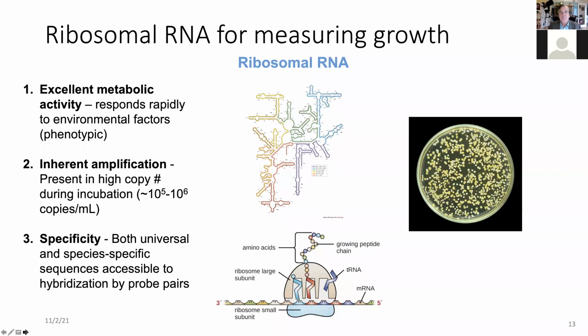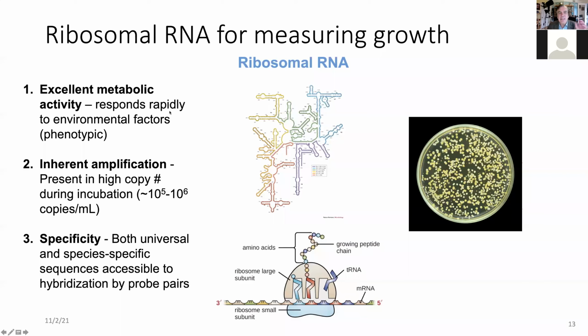But so what is our assay? What is the solution we have come up with? Well, we are looking at ribosomal RNA. And specifically, we're going to measure the growth of ribosomal RNA. Why? First of all, ribosomal RNA has an excellent metabolic activity.